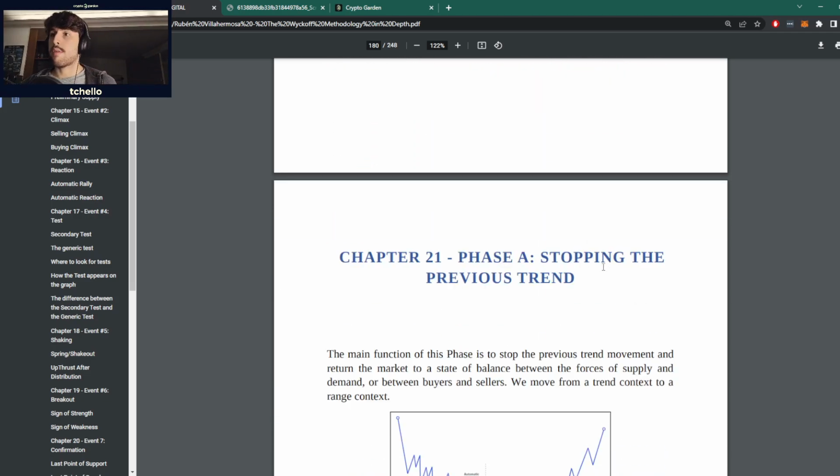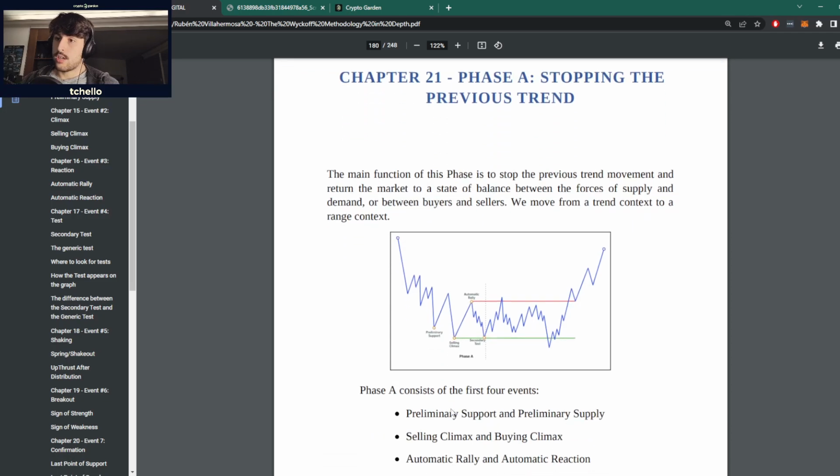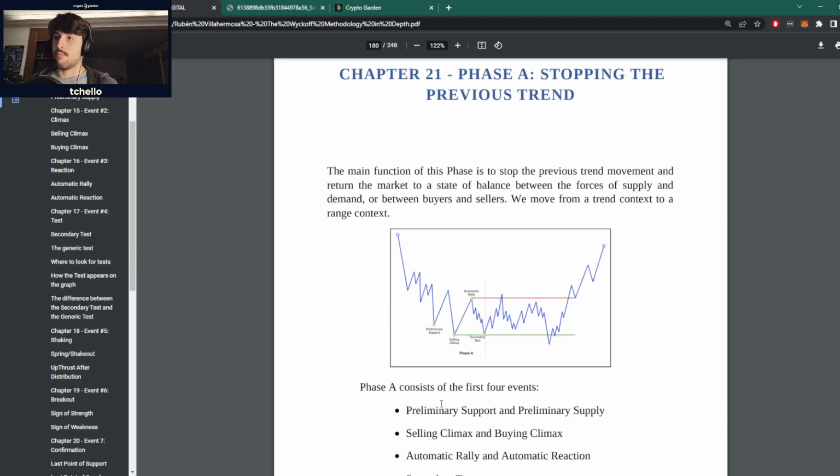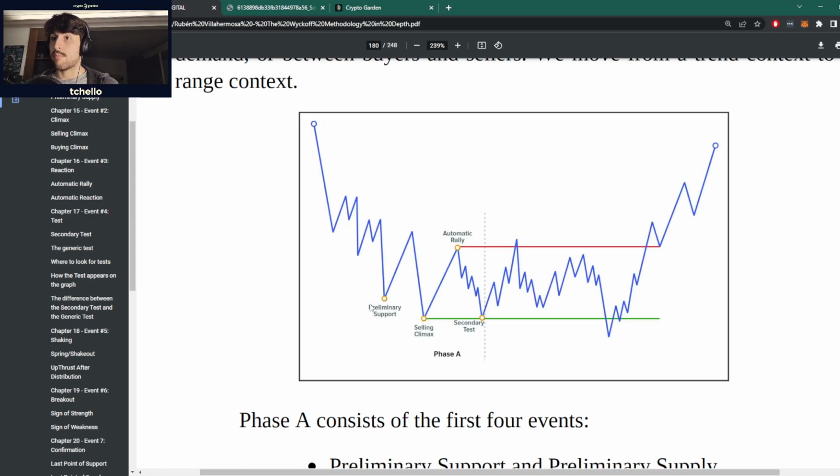So let's talk about phase A, which is stopping the previous trend. Okay, so when we stop the previous trend, as we talked about in the last classes, there are four main events. So we have the preliminary support, selling climax, automatic rally, secondary test.